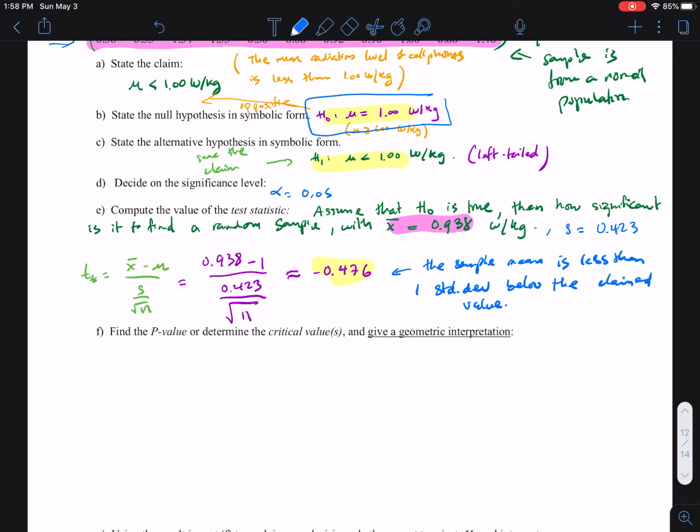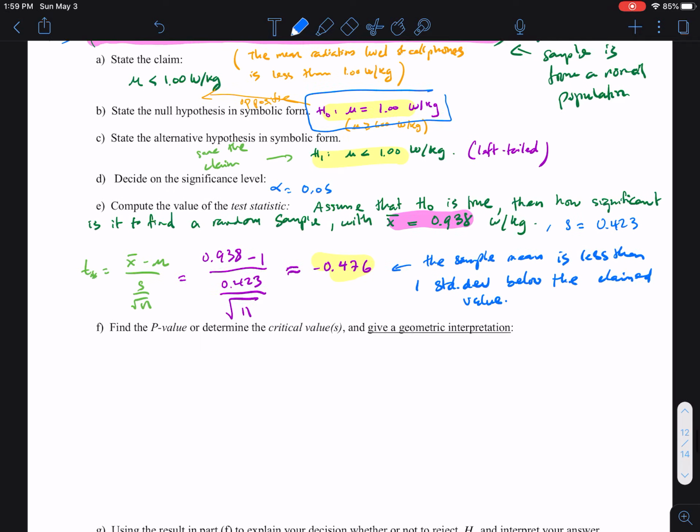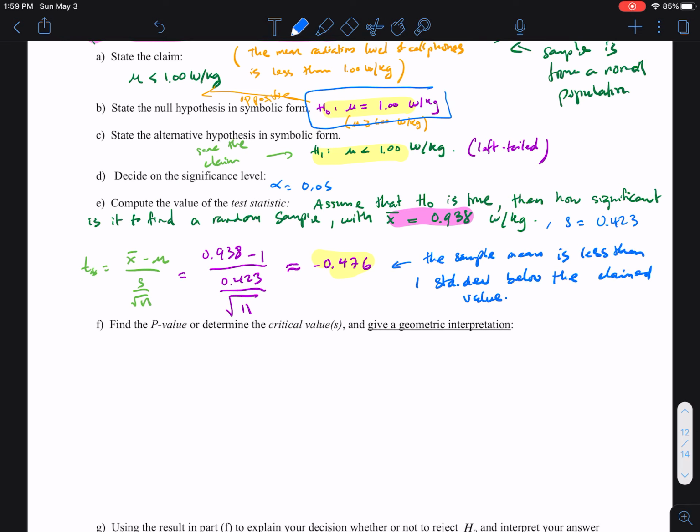So you tell me, if a sample statistic is not even close to one standard deviation below the mean, is that considered significantly low, or is it not? From the previous chapter, we learned that anything within 2 standard deviations of the mean is considered not a significant data value. So in this case, an x bar of 0.938 below the mean value of 1 is less than 1 standard deviation. So that's not significant at all.